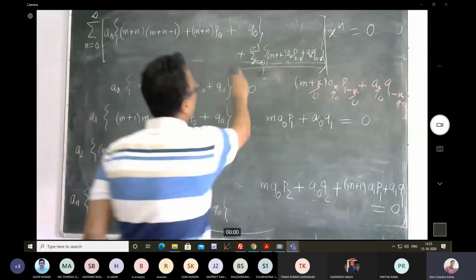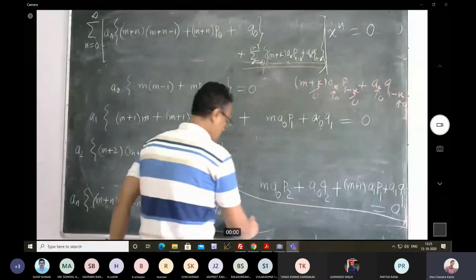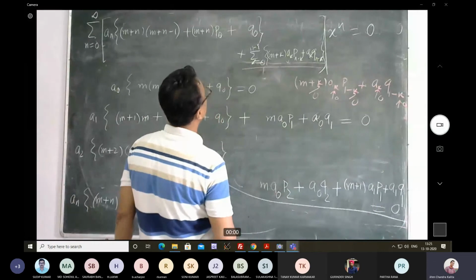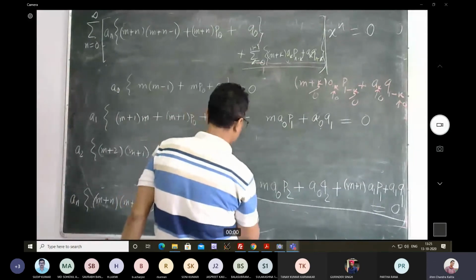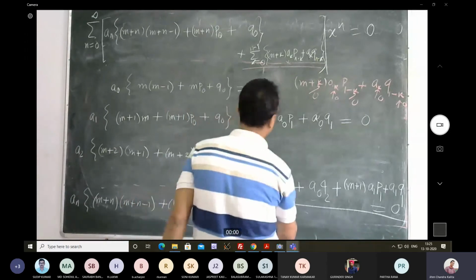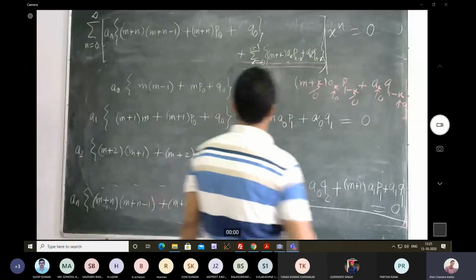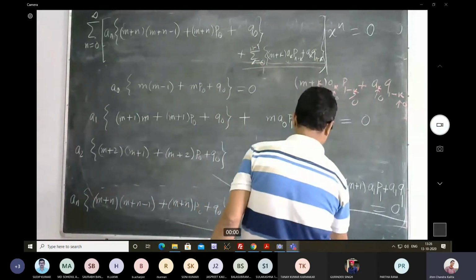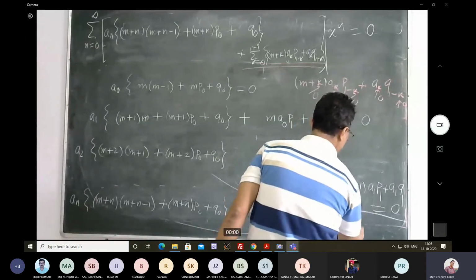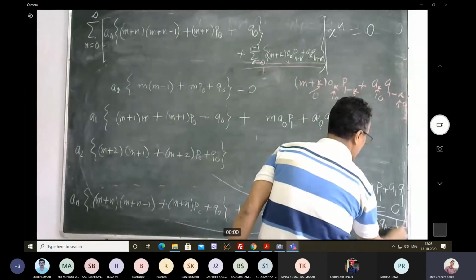So now here the thing is going to happen. Can you see this part? Okay, fine. So here now when k equal to 0, this is going to give me firstly m a0 pn plus a0 qn, then plus m plus 1, a1 pn minus 1 plus a1 qn minus 1.